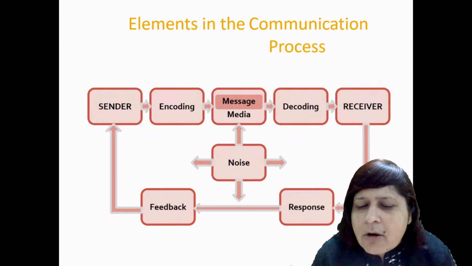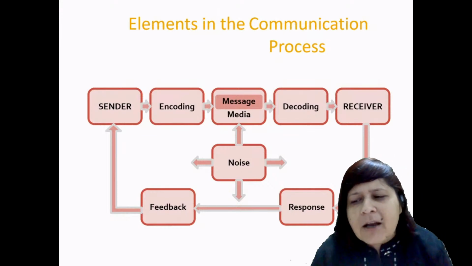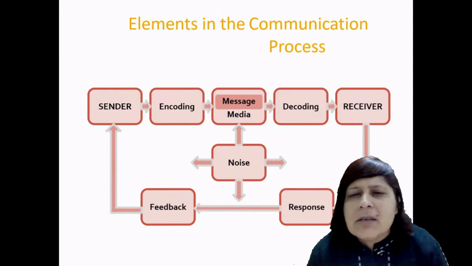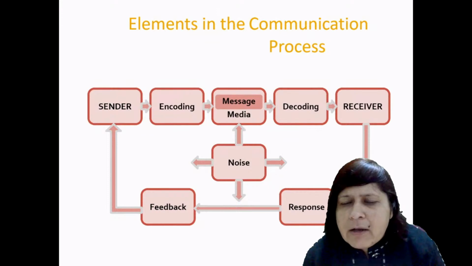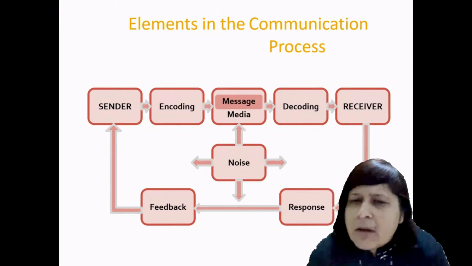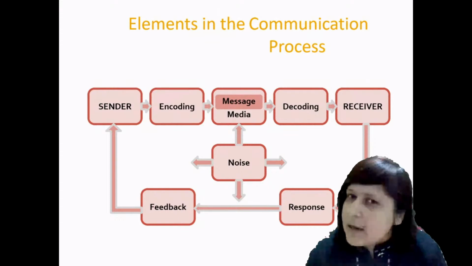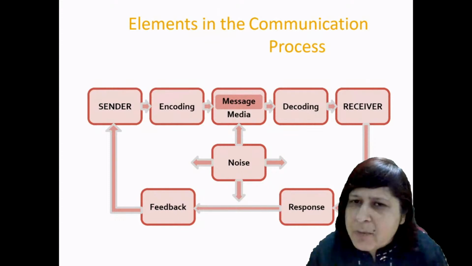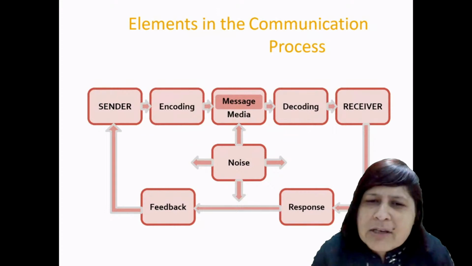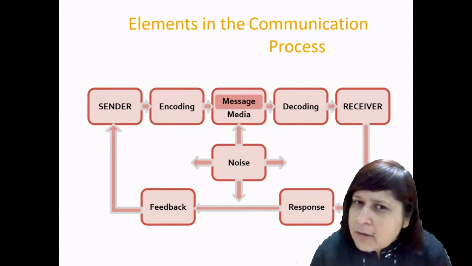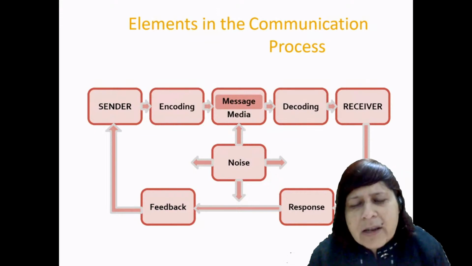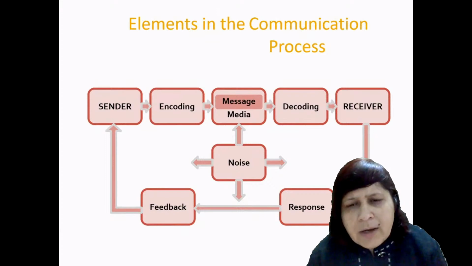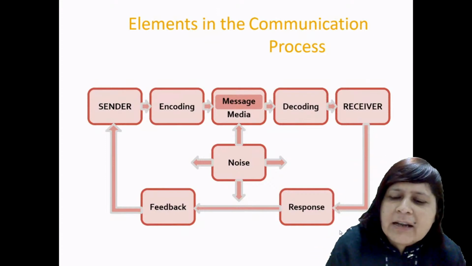The sender sends an encoded message via media to the receiver, and at the receiver's end that message gets decoded. Then after receiving that message, the receiver sends an acknowledgement or feedback, encoded, via the same media to the sender, and that encoded feedback gets decoded at the sender's end.